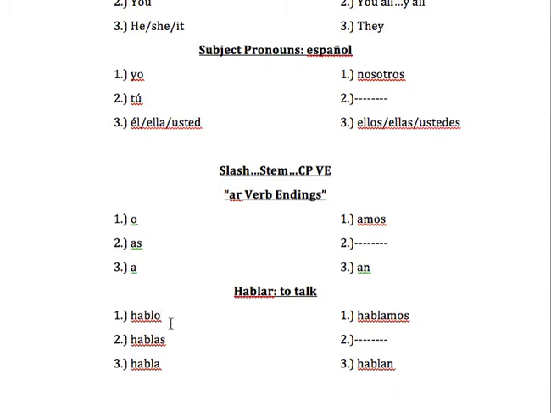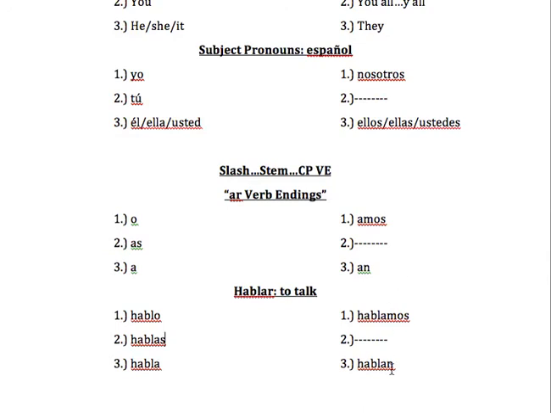And then that's the 3 steps. Again, I'll show you right here. If you have hablar right here, to talk, take the AR off, you're left with a stem, and then you only have one more step, which is to copy and paste the verb ending: hablo, hablas, habla, hablamos, hablan.